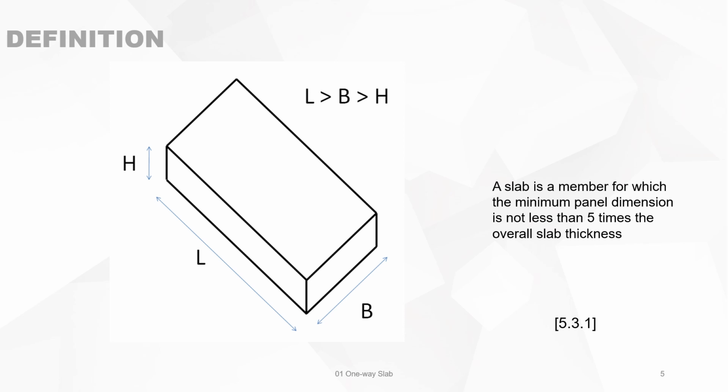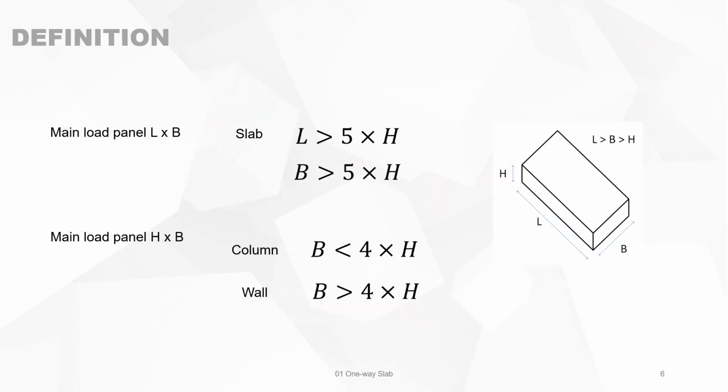A slab is a member for which the minimum panel dimension is not less than 5 times the overall slab thickness. Take a volume of concrete and order the dimensions by magnitude.